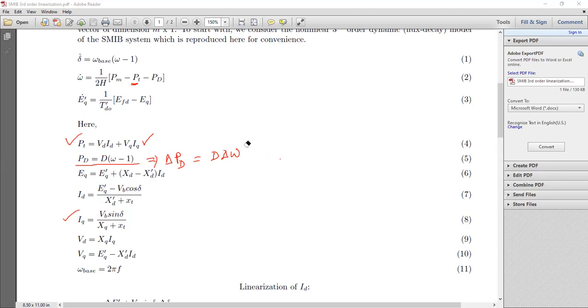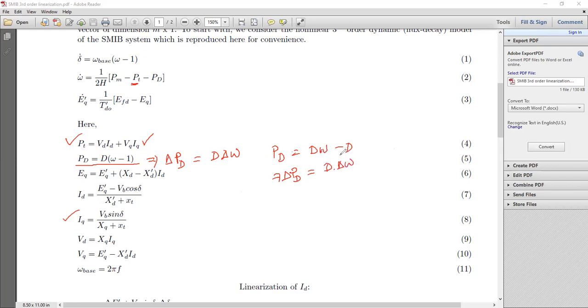It means you can expand PD like D omega minus D, right? If you just expand it, remove the bracket, then delta PD is what? D is a constant coefficient times del omega.